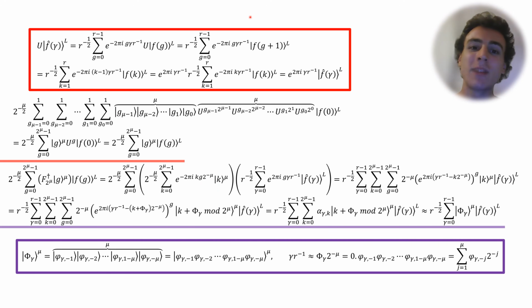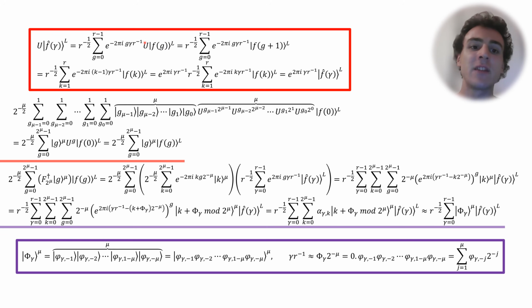In this red box at the top, we can see the eigenstates of the target unitary operator. These eigenstates are the same states that we encountered in the blue box. So they are labeled by f hat as a function of gamma. And we can express these states as a superposition of states that are labeled by f as a function of g.